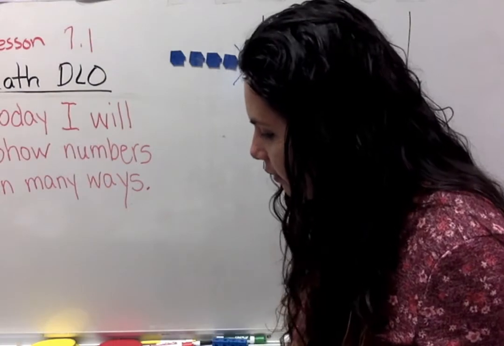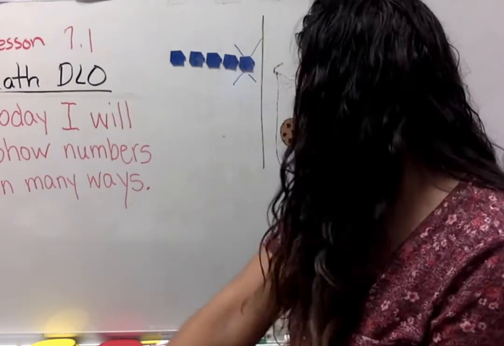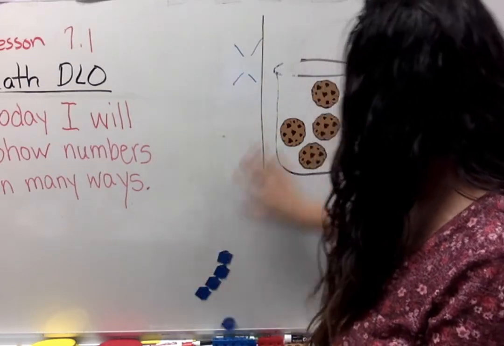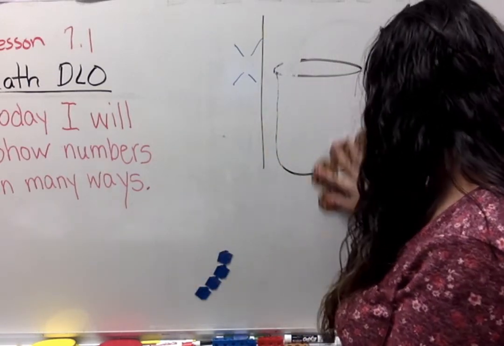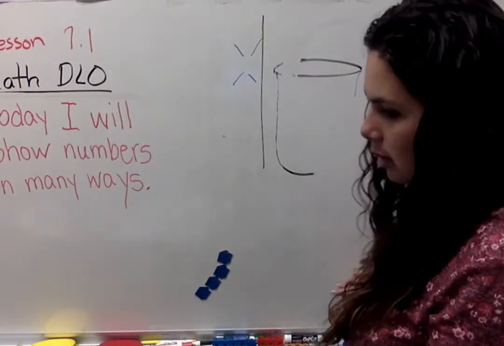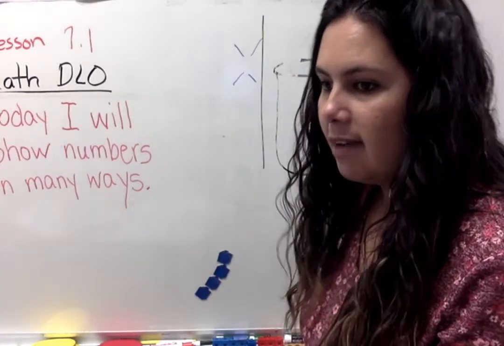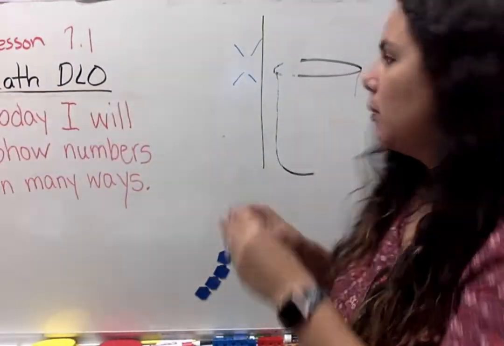Okay, so let's think of a different example here. So I'm going to move these down. I'm going to move my cookies out of the way. And I am going to not find, oh, here it is. My eraser.